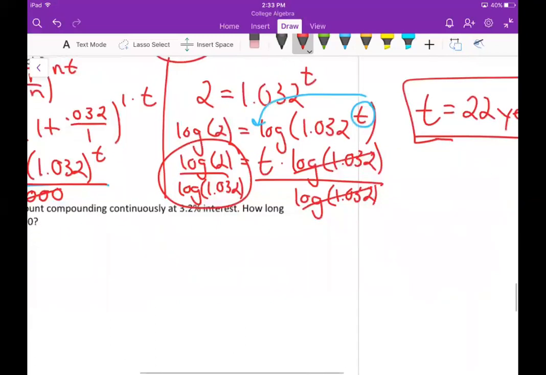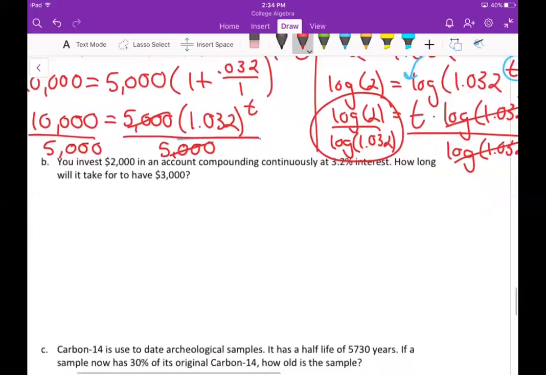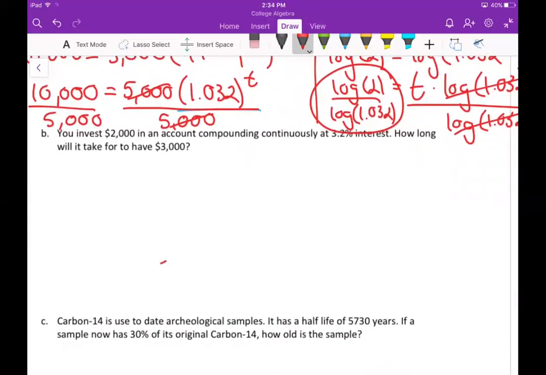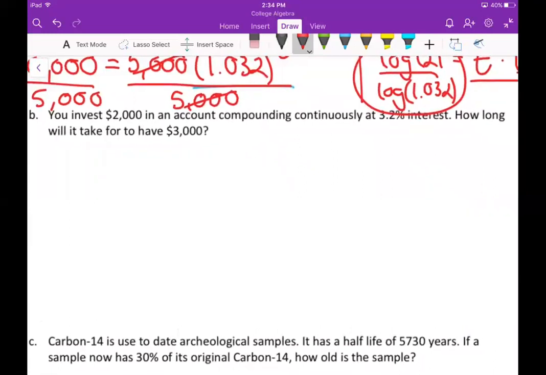Let's try another one. This next one says we're going to invest $2,000 in an account compounding continuously at 3.2%. We want to know how long it will take to have $3,000. So the first thing you want to realize here is we're compounding continuously. That means we have the formula P equals P naught times e to the rt.